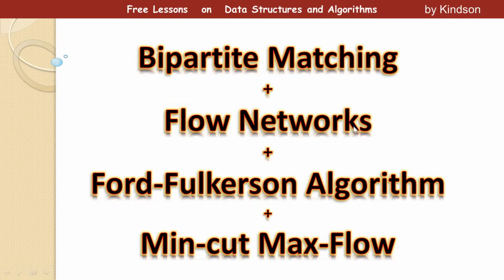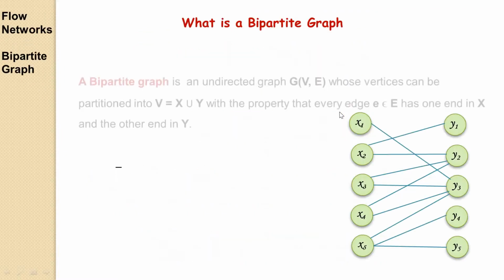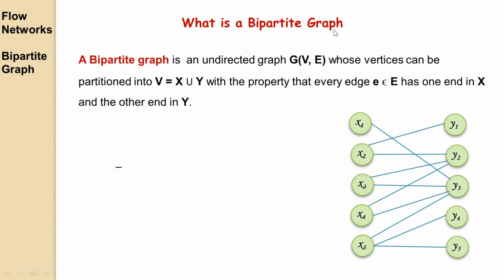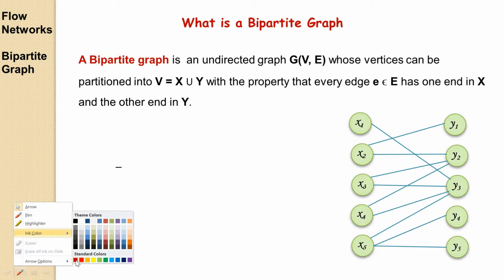So let's get started, and this will be super easy to understand. Let's start with the problem we want to solve. First, you need to understand what a bipartite graph is. A bipartite graph is an undirected graph, G = (V, E), whose vertices can be partitioned into V = X union Y, with the property that every edge e belongs to E and has one end in X and the other end in Y. Let me take my writing pen so that I could make it a little clearer for you.